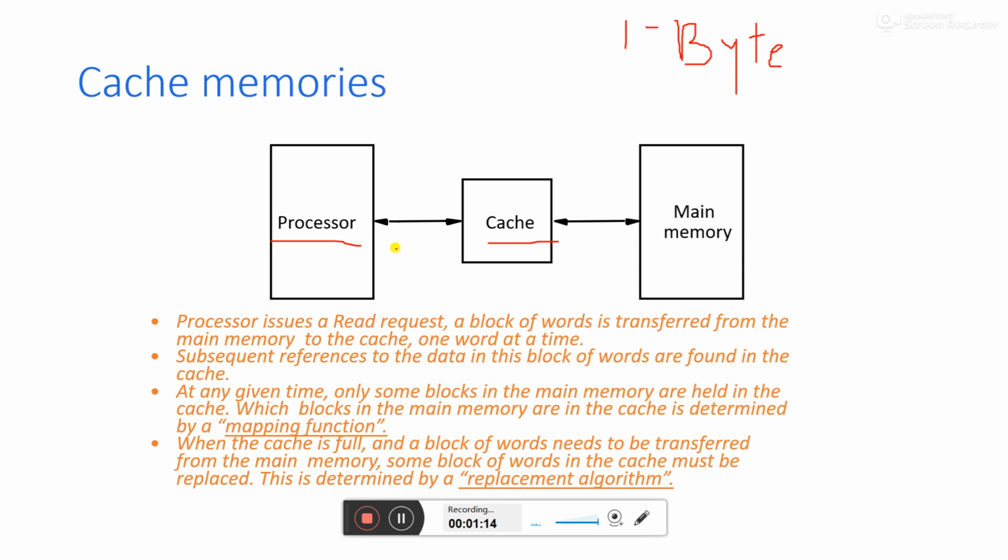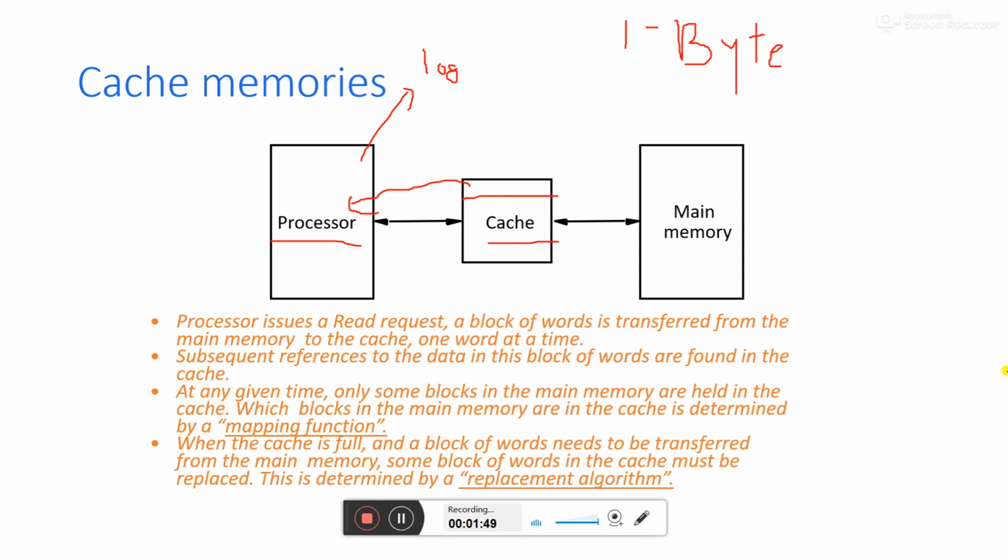Whenever the processor asks for something, it issues a logical address to the memory. This logical address is transferred to the cache memory, and then the memory management unit transfers this logical address into the physical address. From that physical address location the data is accessed and provided to the processor.